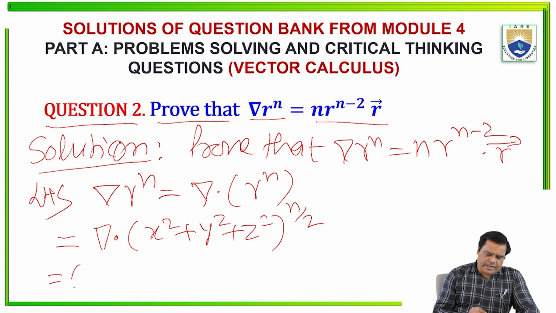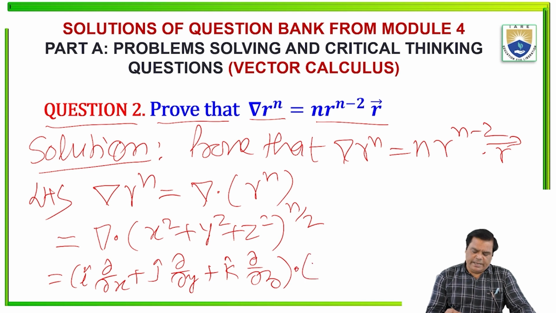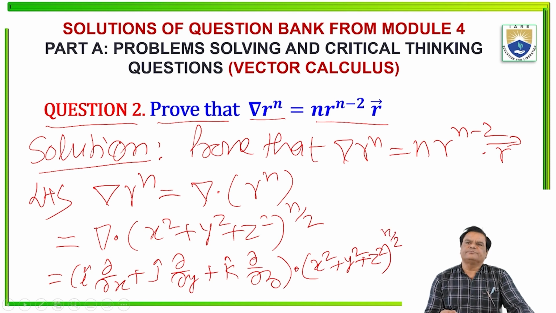Del is i ∂/∂x plus j ∂/∂y plus k ∂/∂z, into (x square plus y square plus z square) whole to the power n by 2.